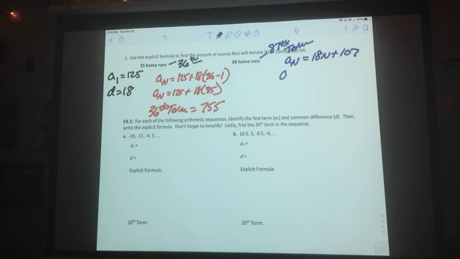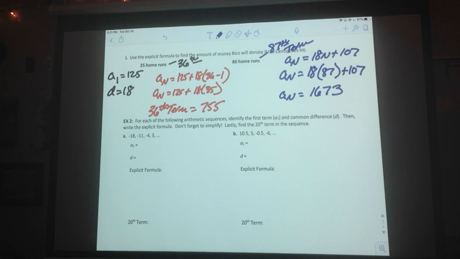So I can plug in 18 times 87 plus 107. A of n is equal to 1,673.